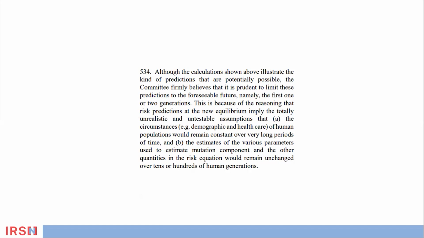This is because risk predictions at the new equilibrium imply the totally unrealistic and unstable assumption that, first, the circumstances, for example the demographics and healthcare of human populations, will remain constant over a very long period of time, and second, that the estimates of the various parameters used to estimate the mutation component and the other quantities in the risk equation will remain unchanged over tens or hundreds of human generations.